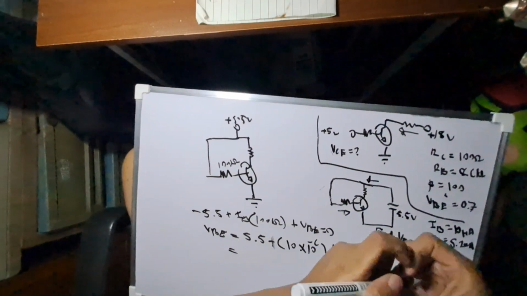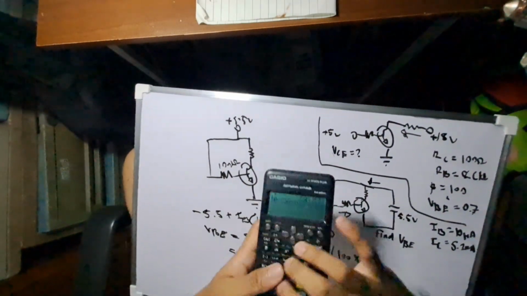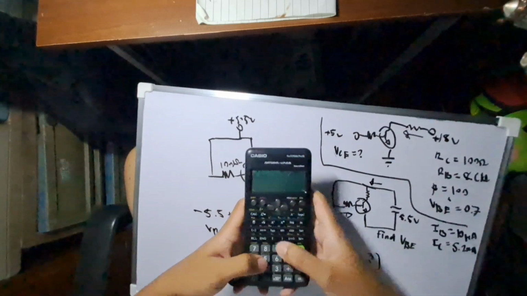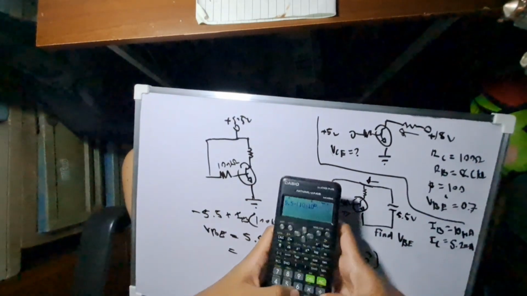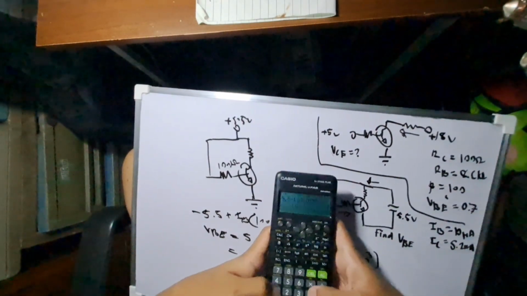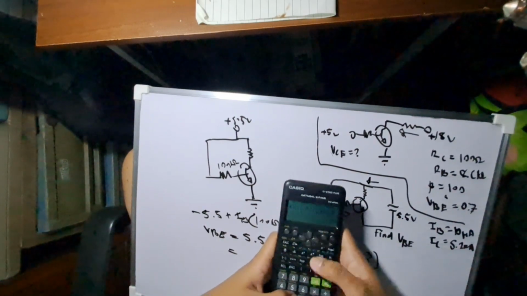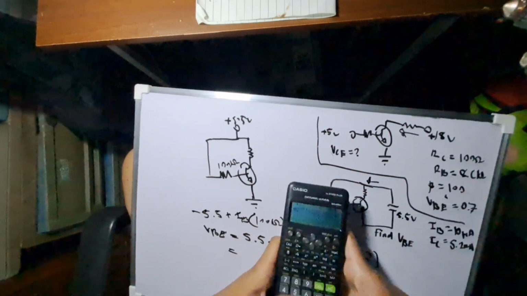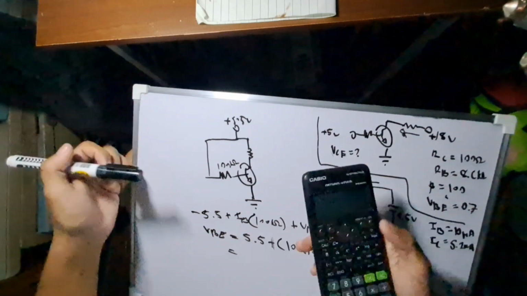So just like I said earlier, dito din may makasize niya. So 10 times 10 raised to negative 6 times 100 times 10 raised to 3. Therefore our VBE is 4.5.